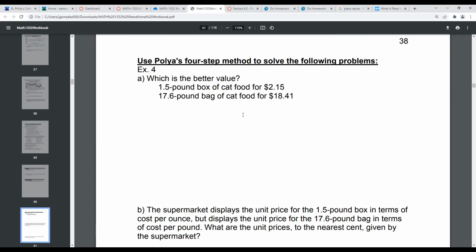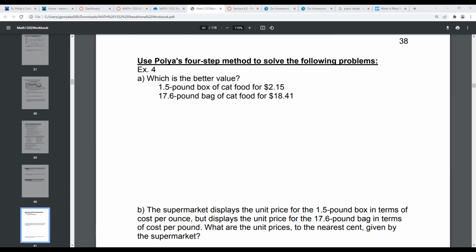So dollars per pound, divide 2.15 by 1.5. What would that be? So it's about $1.43 every pound, right?